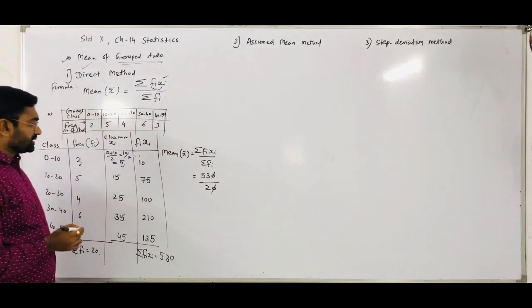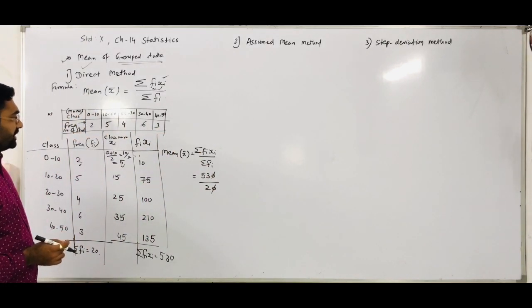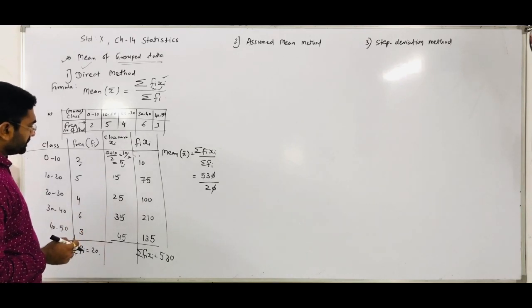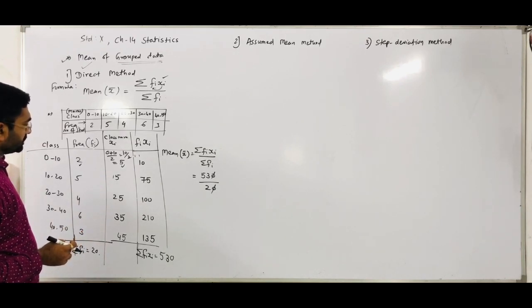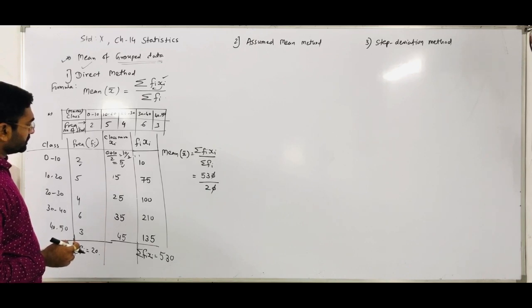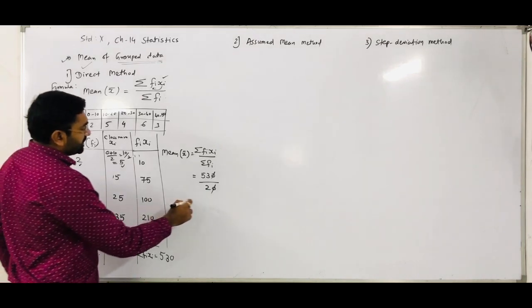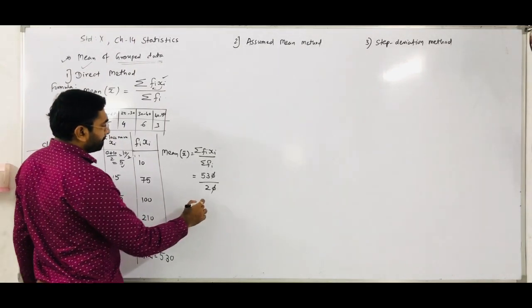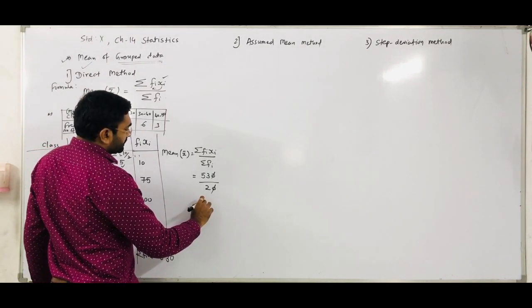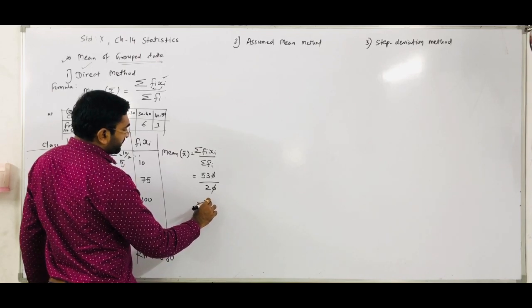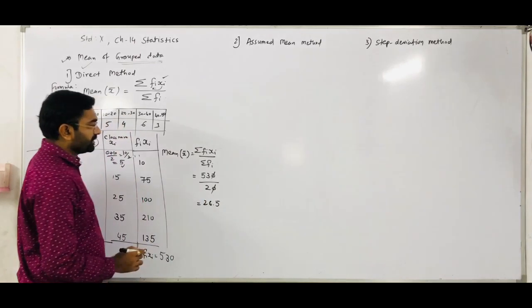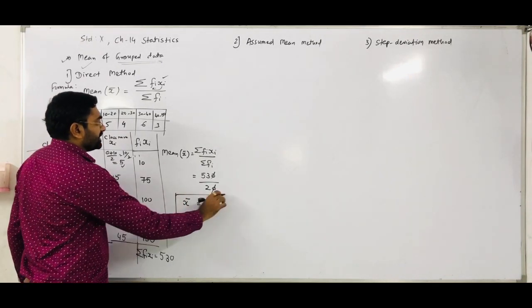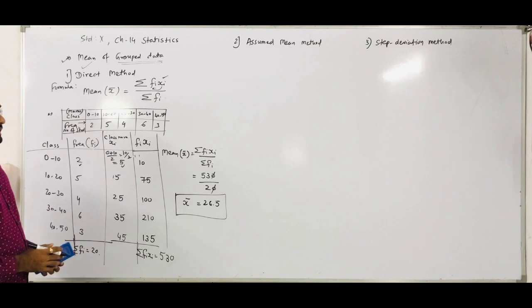So 0 and 0 cancel out, right? Now we get 53 by 2. Dividing them, we get 26.5, right? So the mean of this given observation is 26.5.